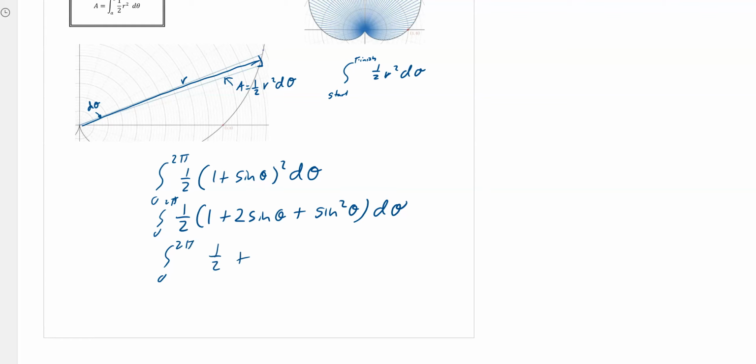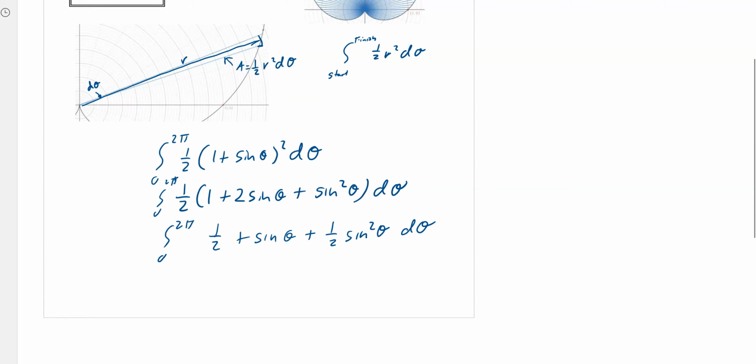So we get 1/2 plus sine theta plus 1/2 sine squared theta. When we have a sine squared or a cosine squared, we make it into a cosine of 2 theta, a double angle. So we end up with 1/2 plus sine theta plus 1/4, because sine squared is 1/2 of this, and a 1/2 of a 1/2 is 1/4, minus 1/4 cosine of 2 theta.